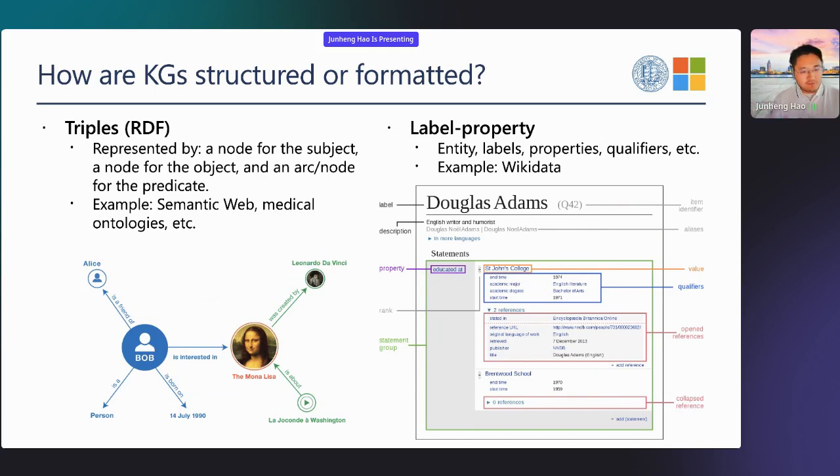Typically a very straightforward format is triplets, where subject, predicate, and object are in a triple format, which is consistent with RDF or RDFS in the semantic web community or other well-known ontologies. There is also the labeled property graph, such as Wikipedia, where you have an entity page with property modifiers and other supplementary information.